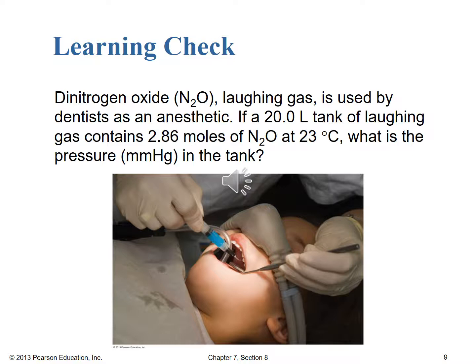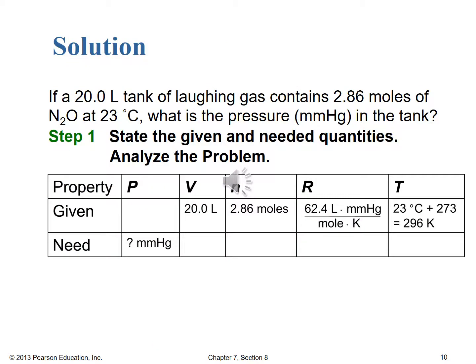All right, so hopefully you can take this information from the problem and use the ideal gas law to solve for the pressure. Okay, pause the video here and start it back up once you think you've arrived at the answer.